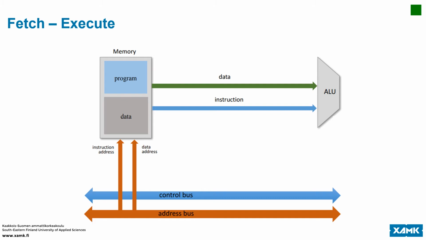The problem is that not everything in the memory is program instructions. They could also be data. So what happens when we need to move data to be processed at the ALU?